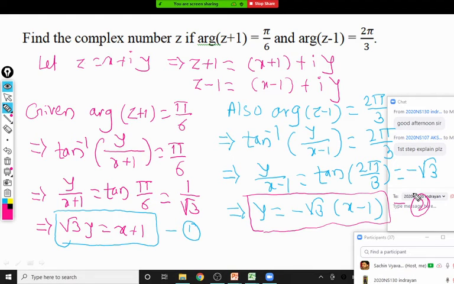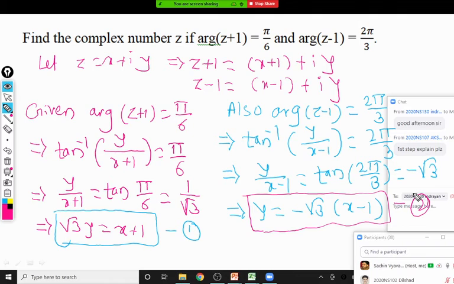Sir, I'm getting y is equal to root 3 by 2 and x is equal to 1 by 2. Yeah, x is 1 by 2. Let me check. X is 1 by 2, y is root 3 by 2. Okay, probably you are correct.